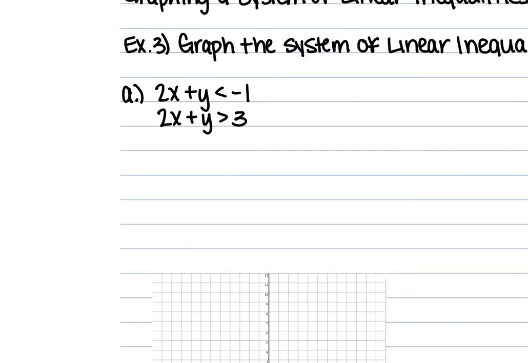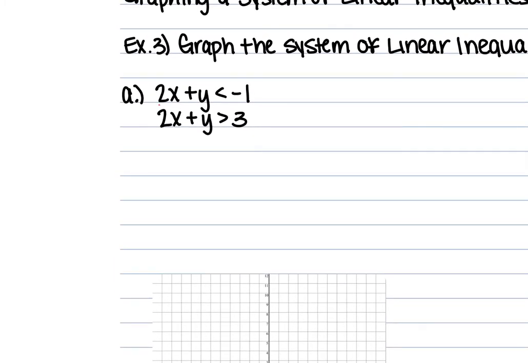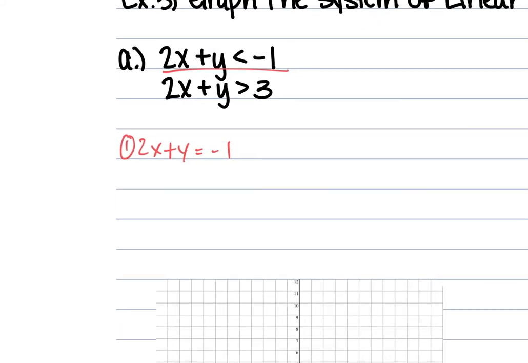Let's check it out. So the first one, we follow the same steps. 2x plus y is less than -1. Step number 1, 2x plus y equals -1 for our boundary line. We are going to change this to slope-intercept form by subtracting 2x from both sides. So we've got y equals -2x minus 1.